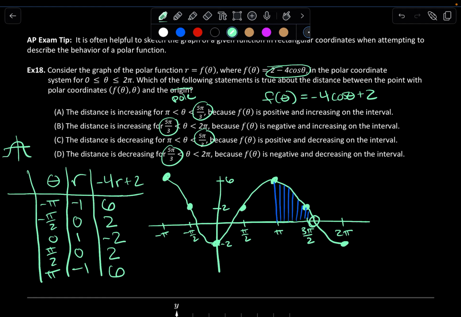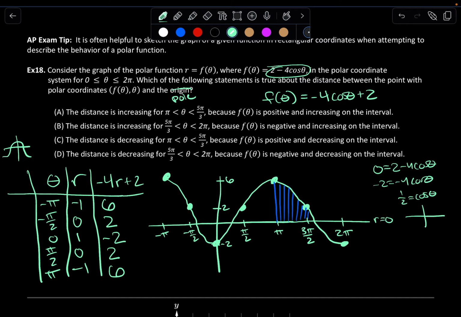However, if you really wanted to solve for this, where it's crossing the x-axis, this is technically when r is equal to 0, so set it equal to 0. So we have 0 is equal to 2 minus 4 cosine theta. Subtract 2. So I end up with 1/2 is equal to cosine theta.